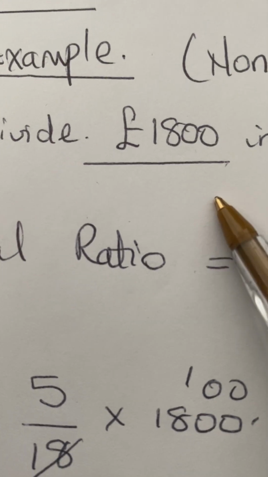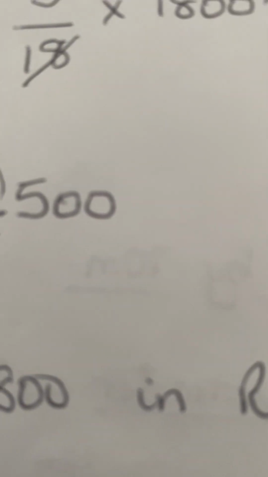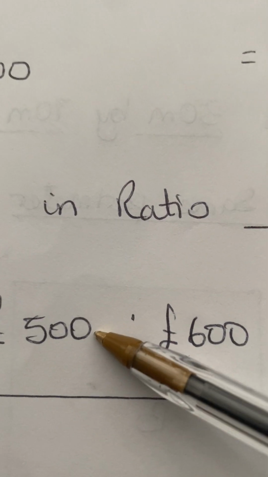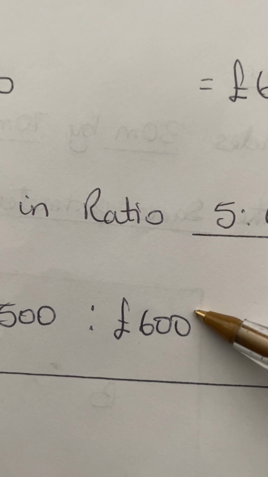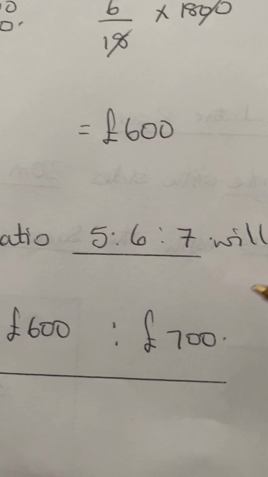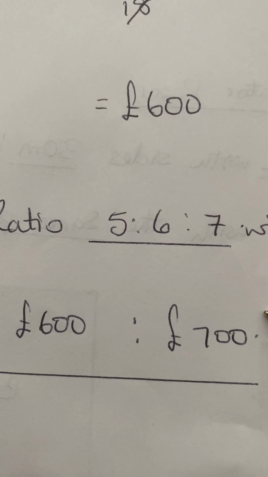So 1,800, you can divide it as 500 pounds is to 600 pounds is to 700 pounds.